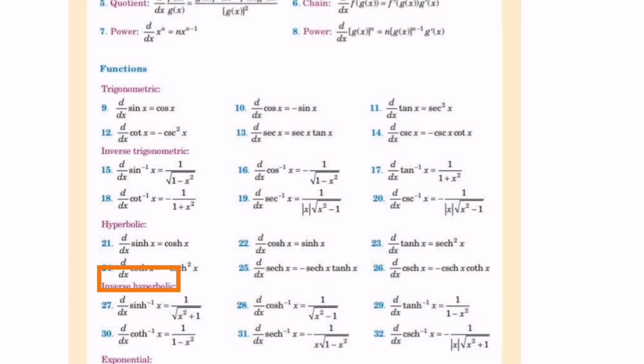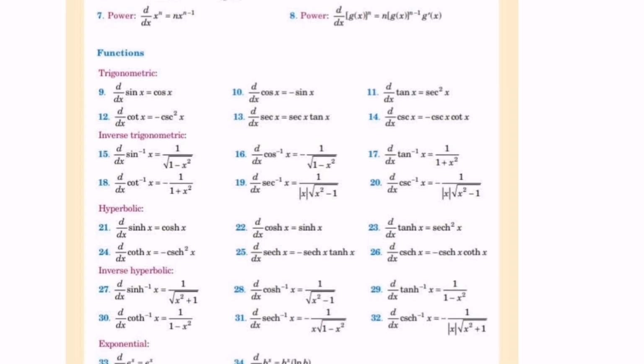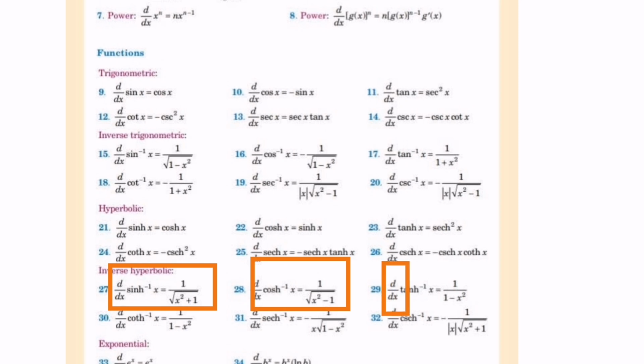Derivative of inverse hyperbolic functions. Derivative of sine hyperbolic inverse x is equal to 1 over square root x square plus 1. Derivative of cosine hyperbolic inverse x is equal to 1 over square root x square minus 1. Derivative of tangent hyperbolic inverse x is equal to 1 over 1 minus x square.